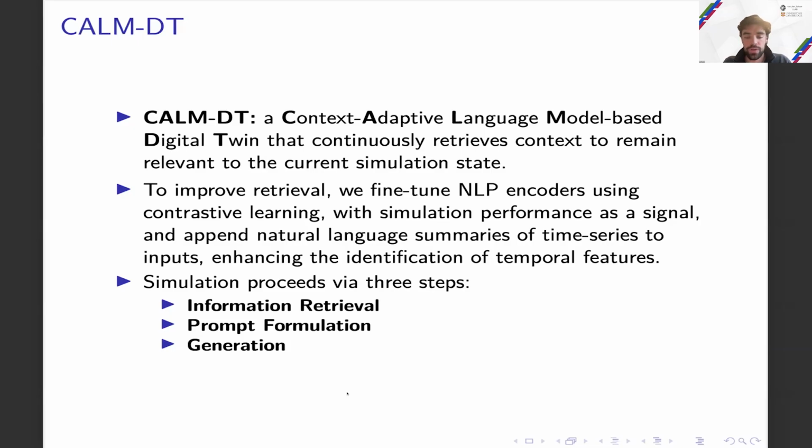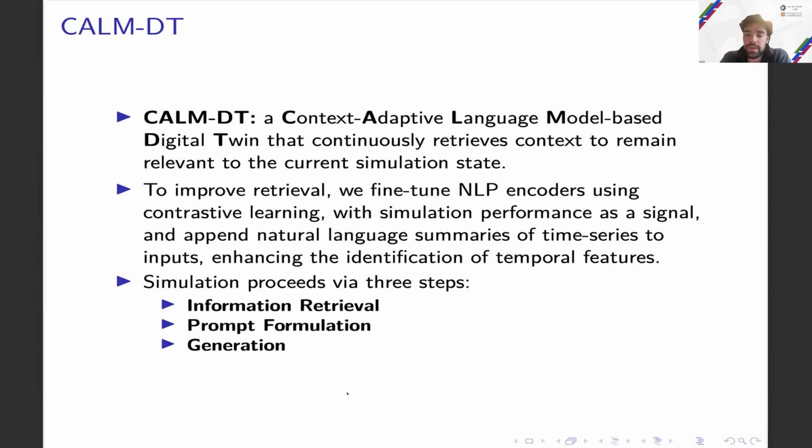On the other hand, poor candidate samples, which lead to bad simulation performance, are moved far away in embedding space. Training in this manner on a data set then allows us to pursue retrieval-based simulation better than just using natural language pre-trained encoders.